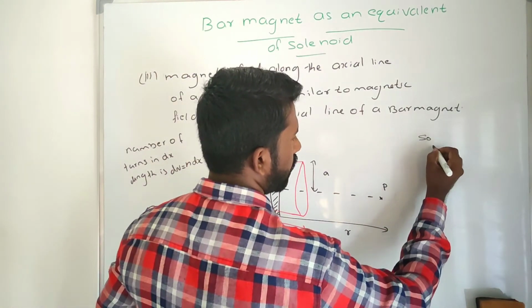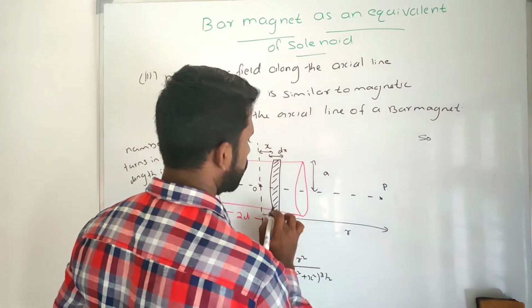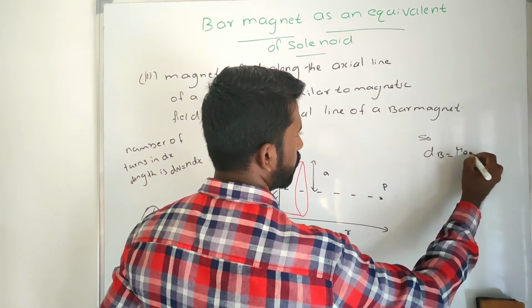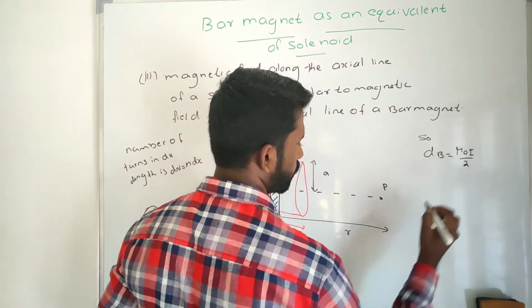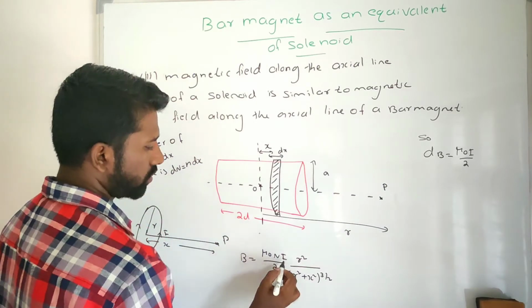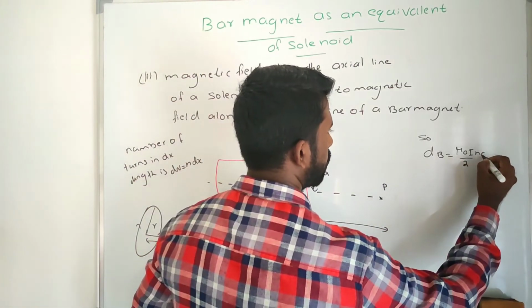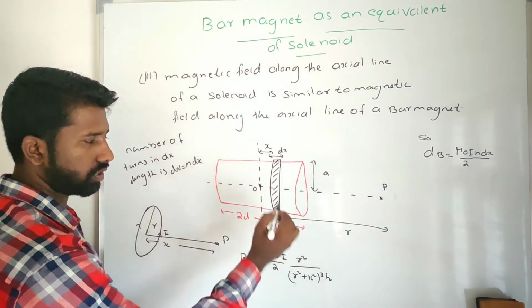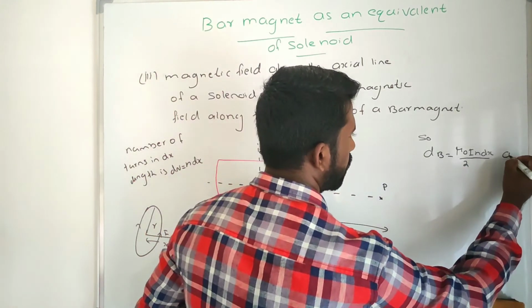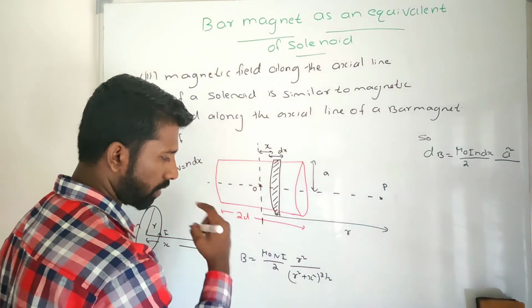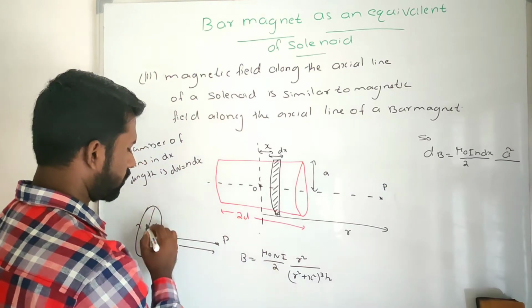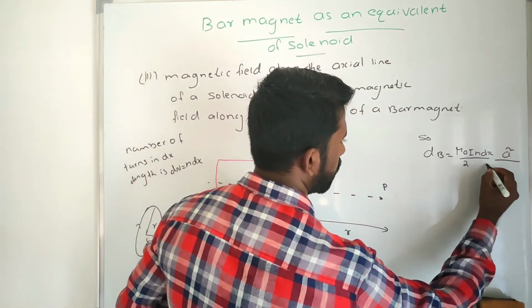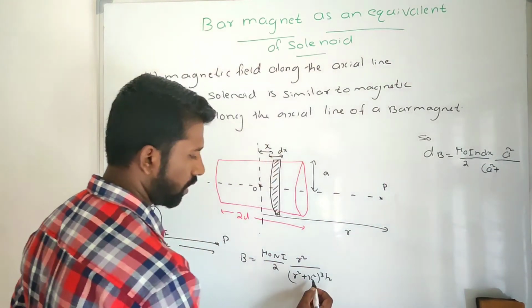So the magnetic field at the point P due to this dx portion is dB equal to mu 0 I by 2. What about N? The N value is n dx, divided by a square, because here the radius is a, divided by a square plus x square.